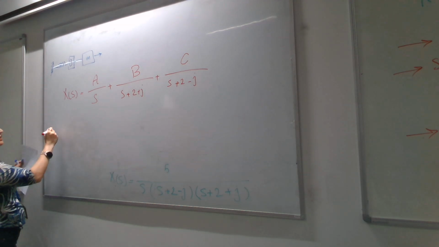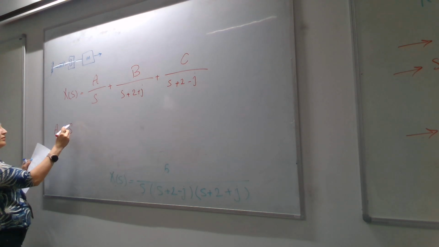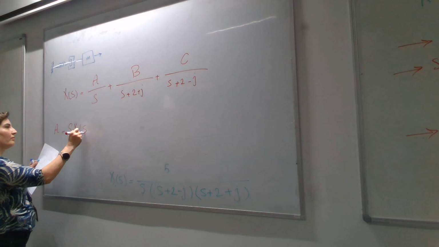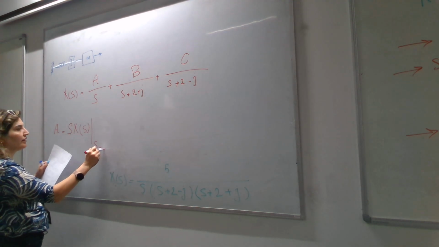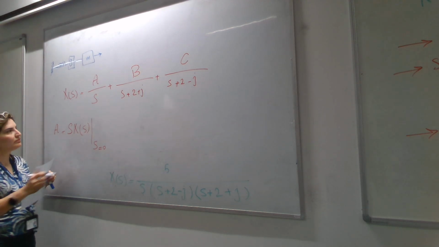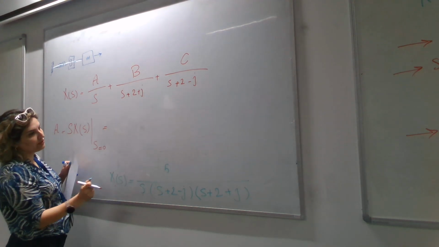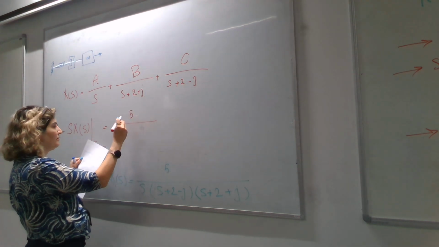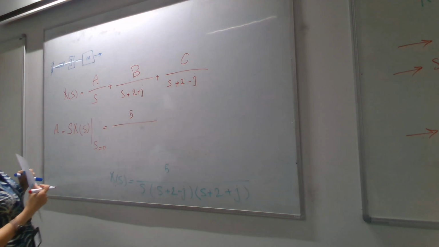The way that we calculate a is we plug the value of s in case that s is 0. So that will bring us to this equation again. I am going to write it. Did I miss something here?